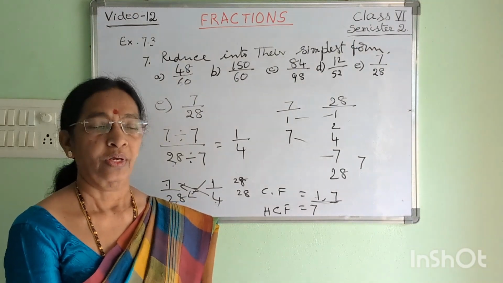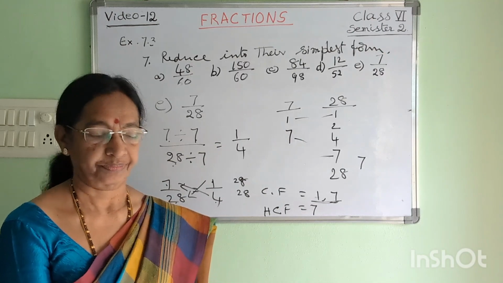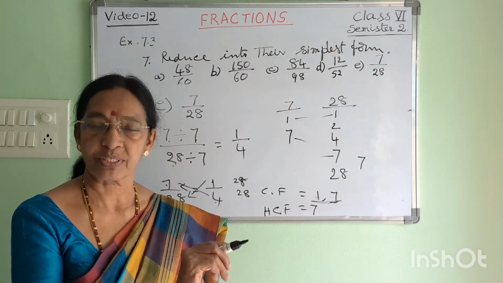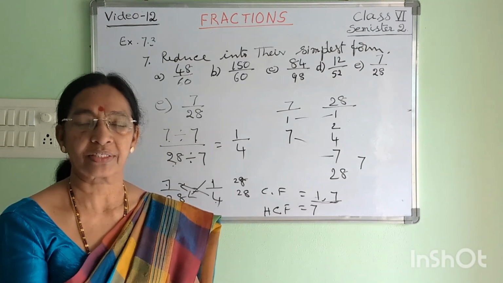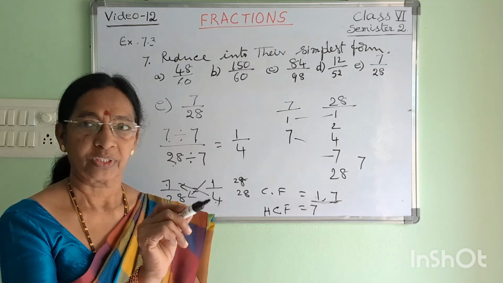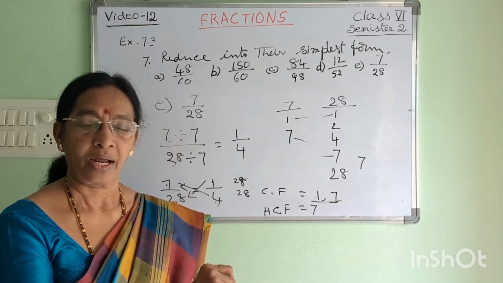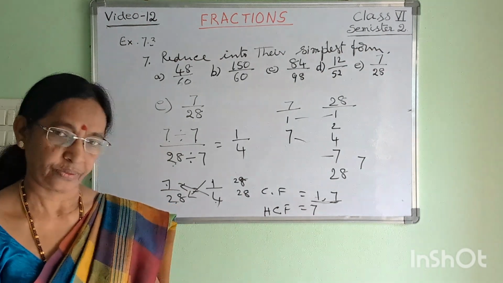If 2 fractions are equal, the cross products are equal. That is, the product of the numerator of the first fraction and the denominator of the second fraction is equal to the product of the numerator of the second fraction and the denominator of the first fraction. So that is the rule.